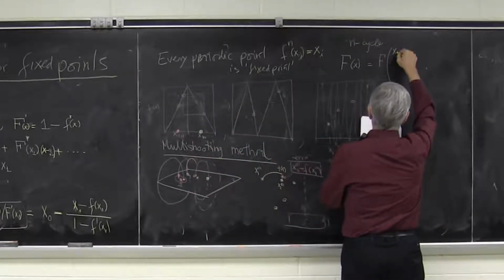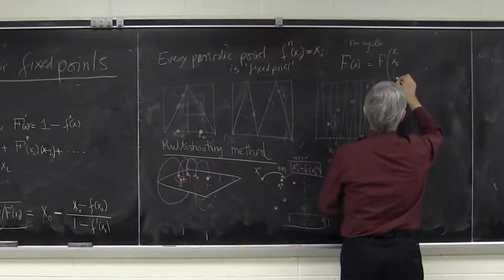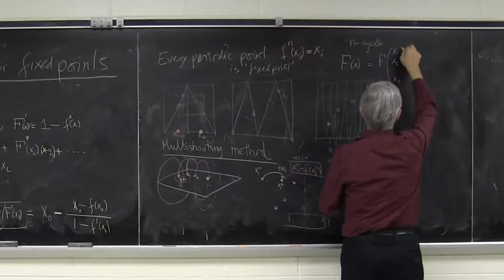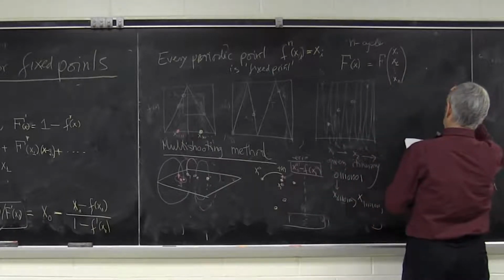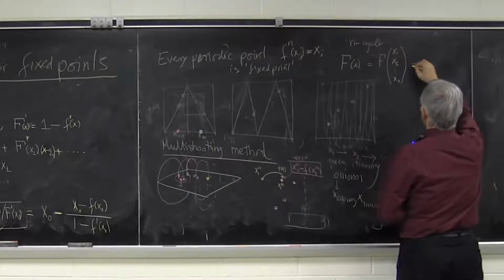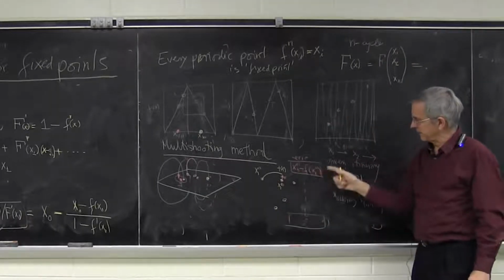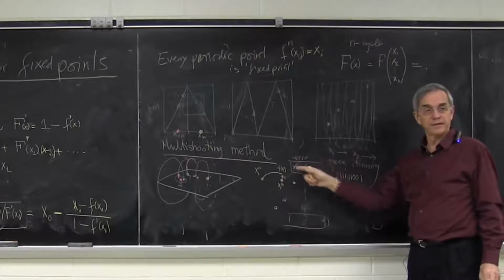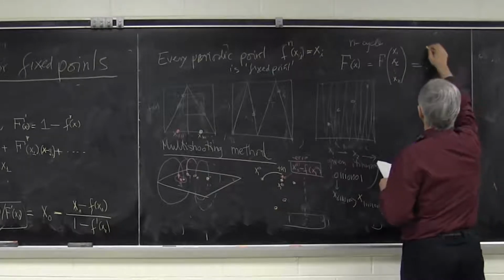So x1, x2, xn. And what it is, it's the vector, the collection of my errors, which I would like to make zero.